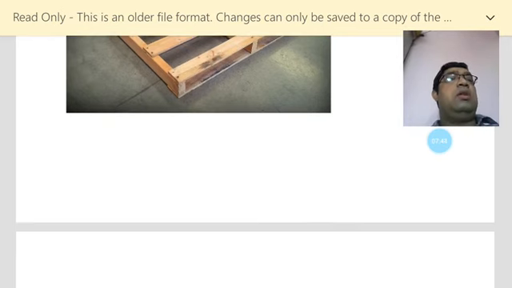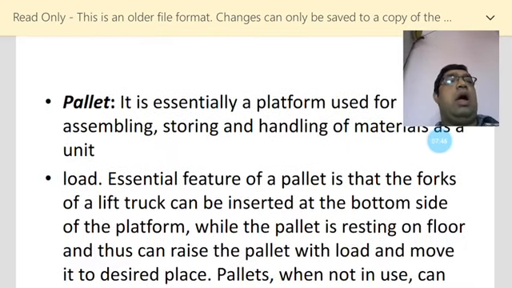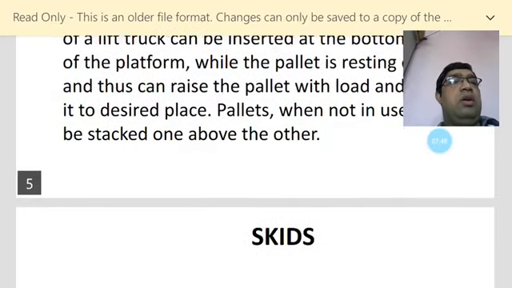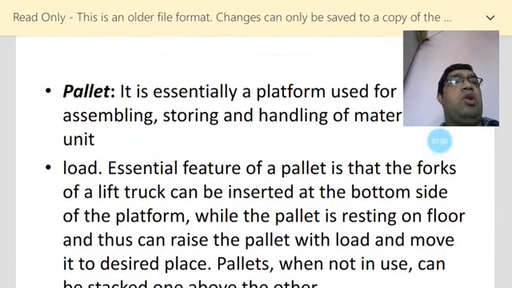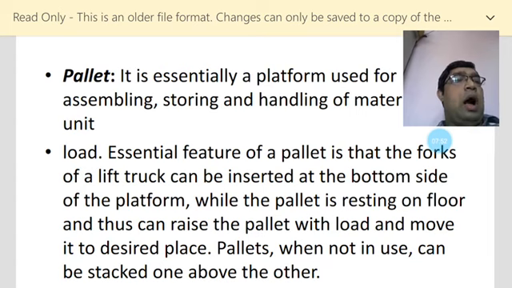Sometimes we can see that lifting by hand is very difficult, and during lifting you have to use the pallet, and after that the person will hold these materials and transfer them from one place to another place.